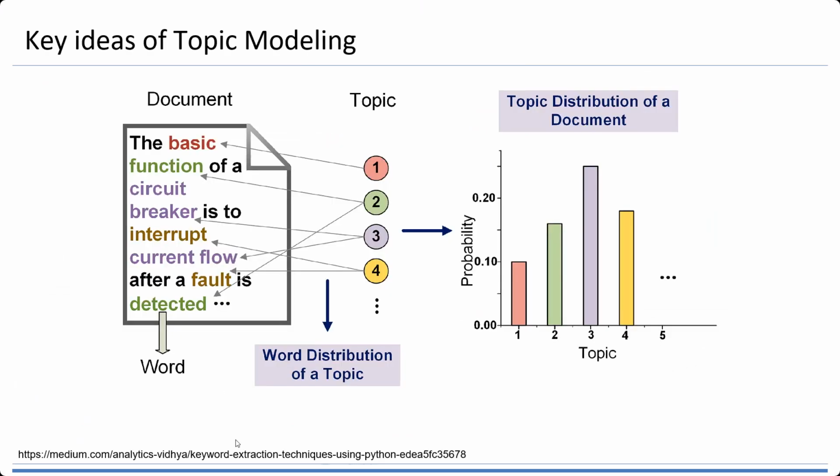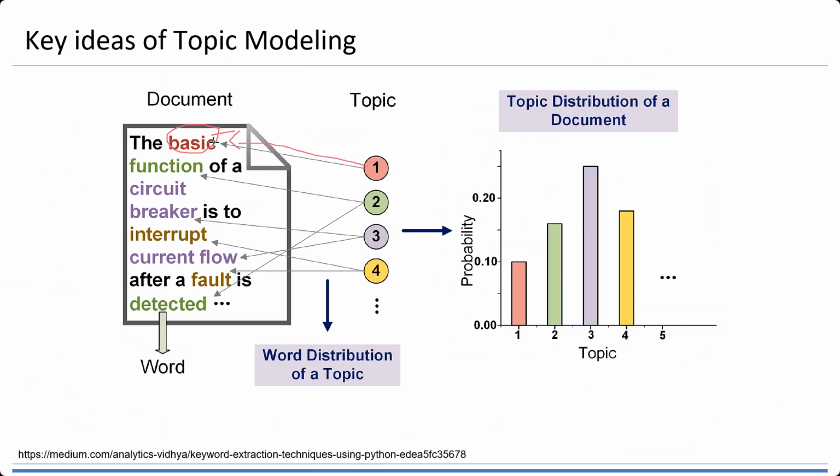The key idea of topic modeling is that we are going to check the distribution. So what is the distribution? We will check, if I have the word basic, okay, this is important, then we can assign a topic here, or maybe we can look at the probability of this word.